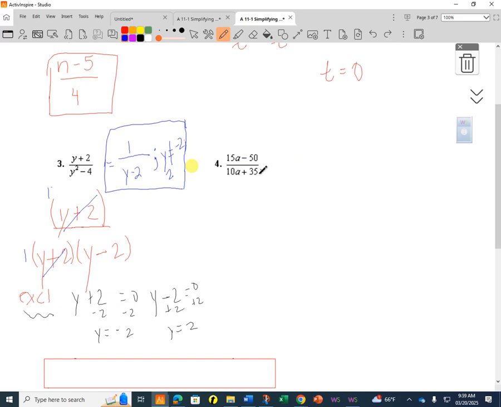So what would be in that blank there then, Lee? What's the second factor going to be? If 5 is the greatest common factor here, what's going to be in the parentheses?